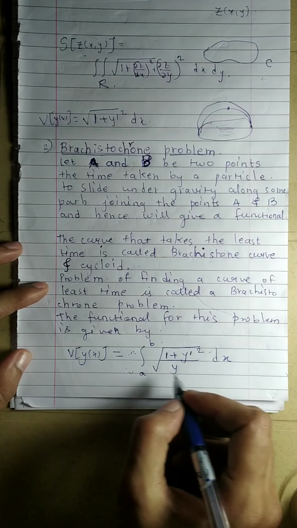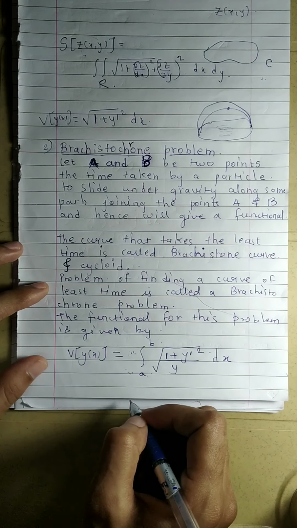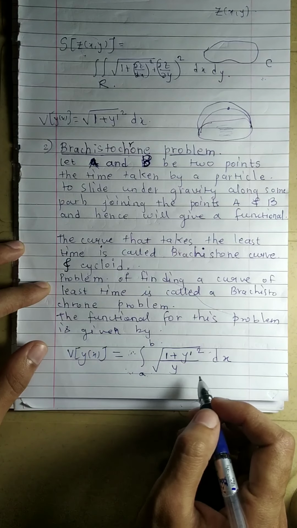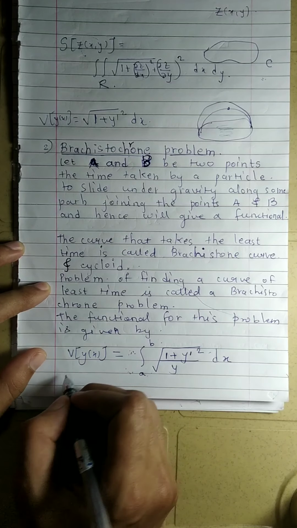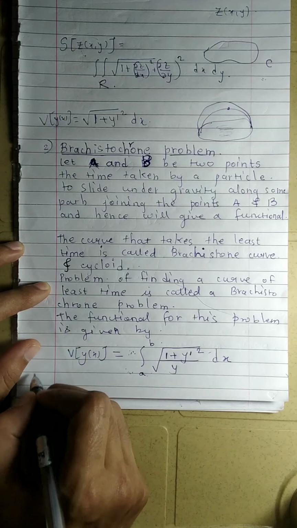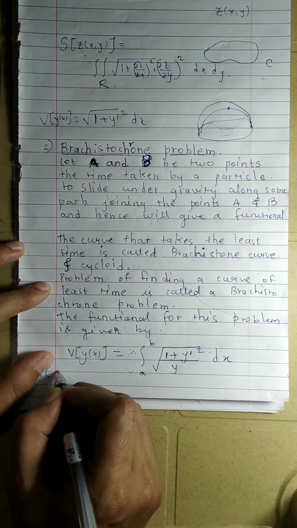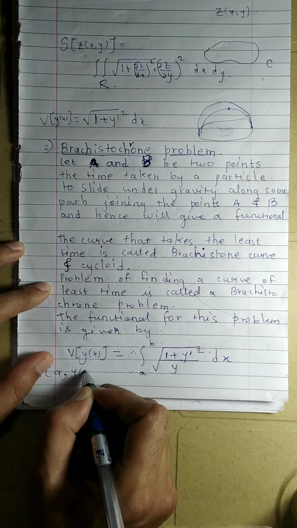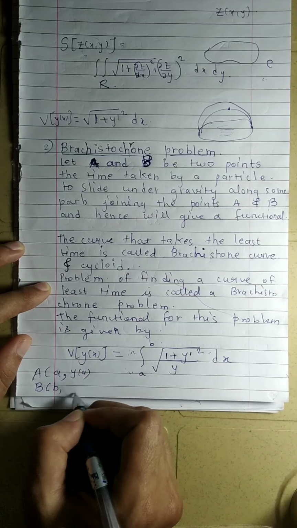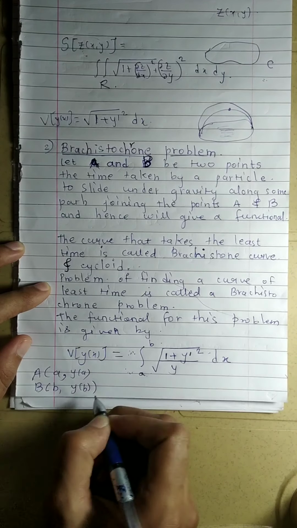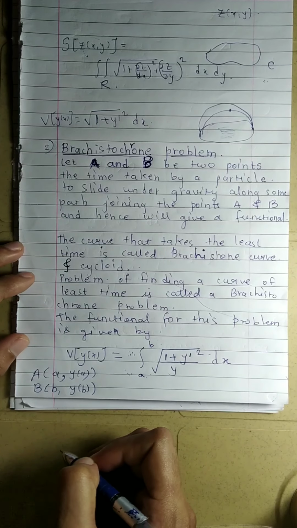Here the points A and B will be: point A is (A, y(A)), and point B is (B, y(B)). We'll see this in the diagram.